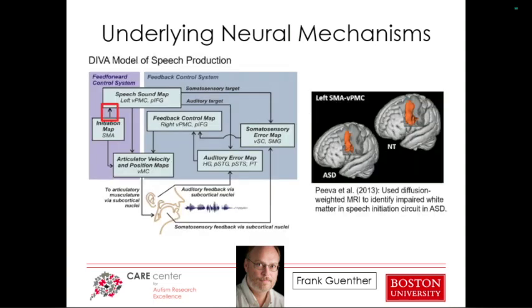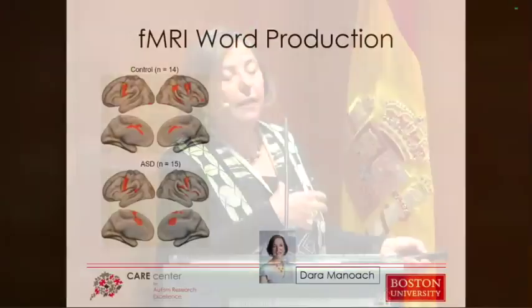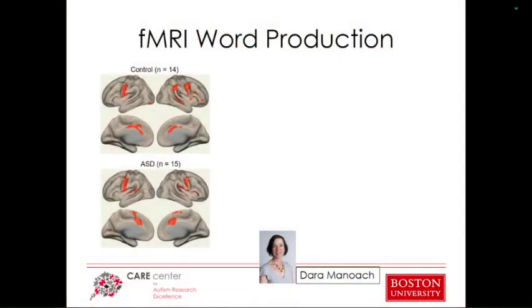We have tried MRIs on these kids, and in particular, drawing on the work of Frank Guenther, we're interested in that pathway that's important for speech initiation, to produce the program of speech output. Given that these kids have problems in this area, they're lying in the scanner and they see a picture and they name it.